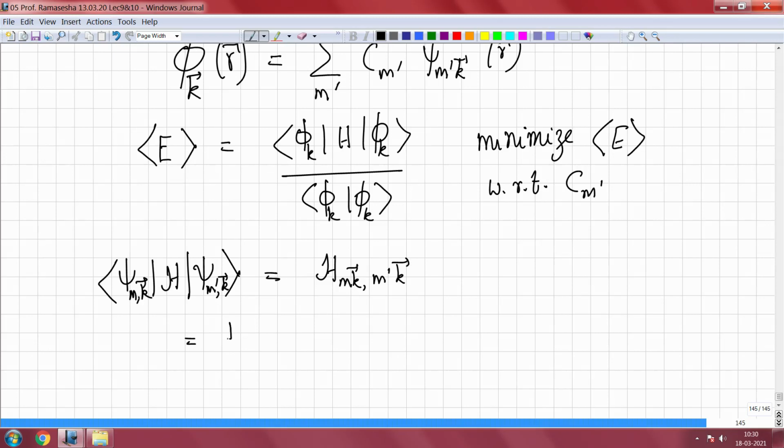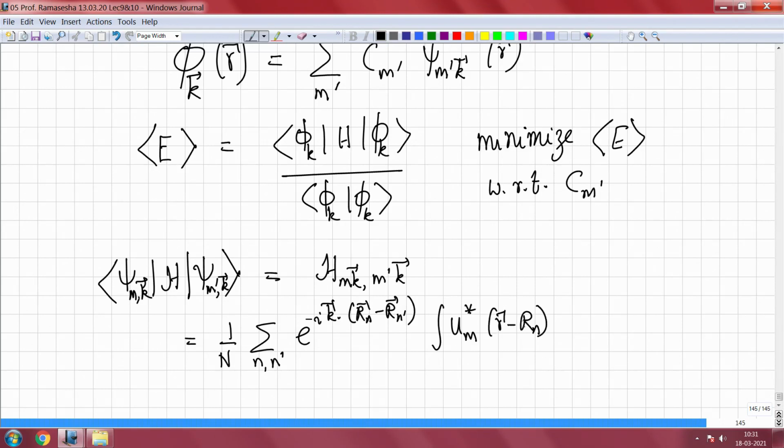to 1 upon N, just as before, sum over n prime of e to the power i k dot (R n minus R n prime), times the integral of u m star of r minus R n, H, u m prime of r minus R n prime, d cubed r.